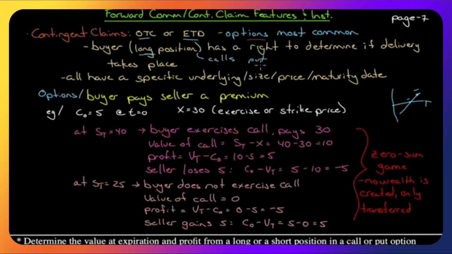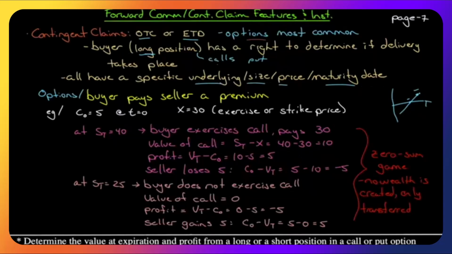There is a thinking that if I buy a put, I have a short position. You have a long position in the contract. Your long position benefits from the stock price falling. So when you're long a put, you are inherently short the underlying, but you are still long the contract. All have a specific underlying, a specific size, a specific price, and maturity date.